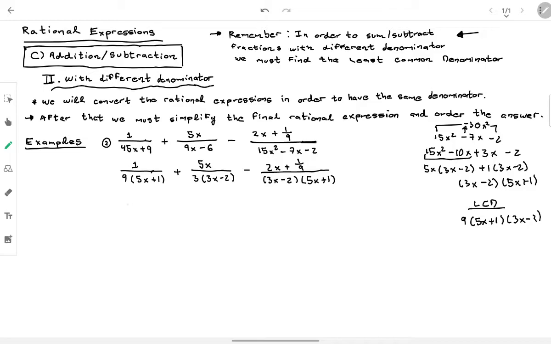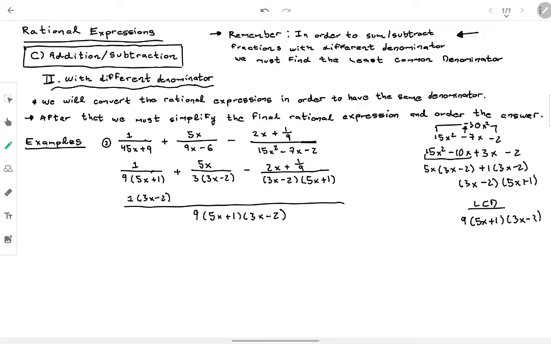So we can change our fractions in order to have the same denominator, that is going to be 9 times 5x plus 1 that multiplies 3x minus 2. So now we can compare this denominator with this denominator. The only thing that we are missing is the 3x minus 2. That means it's going to be 1 that multiplies 3x minus 2.